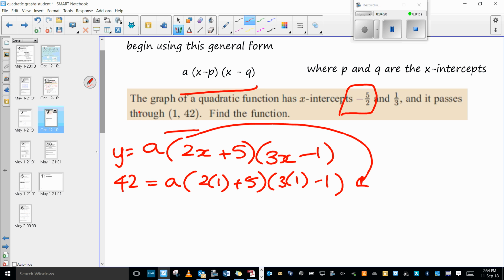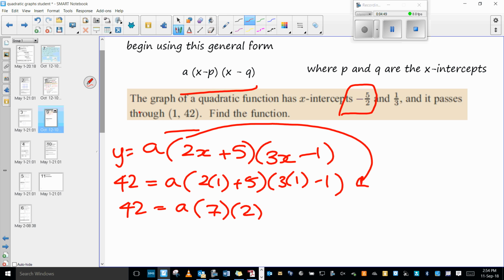So we've got 42 equals a, 2 multiplied by 1 plus 5 is 7, 3 multiplied by 1 take away 1 is 2. Those two things are being multiplied together.